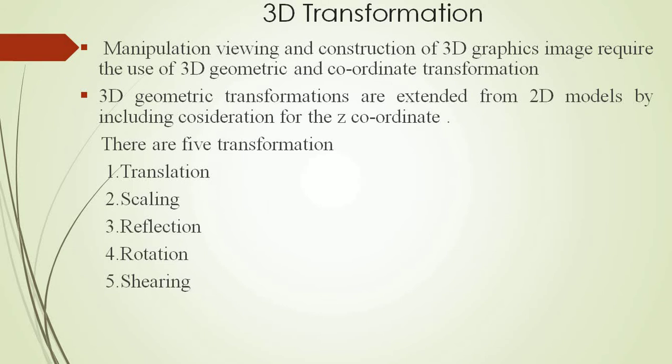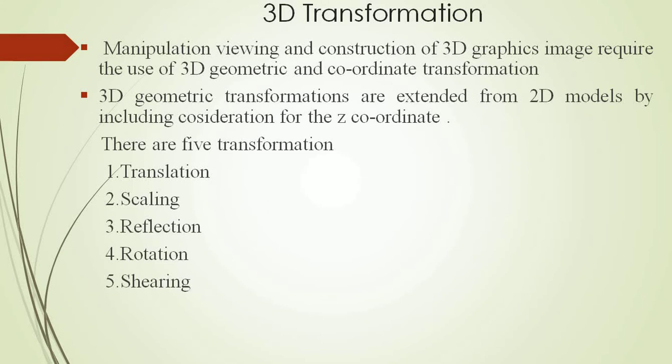First of all, what is meant by 3D transformation? 3D transformation is the extended part of the 2D model. We extend the 2D model by adding the z coordinate in 3D geometric transformations.